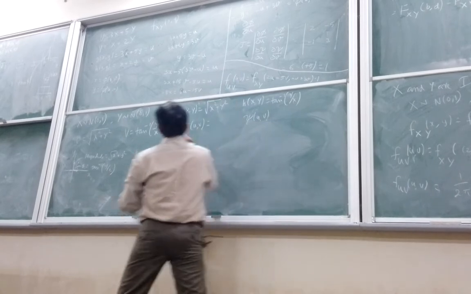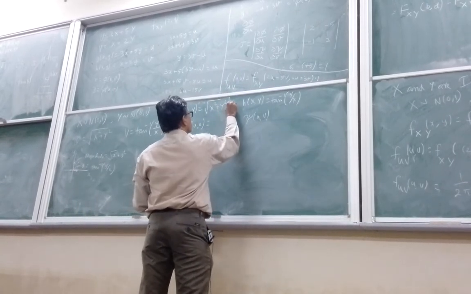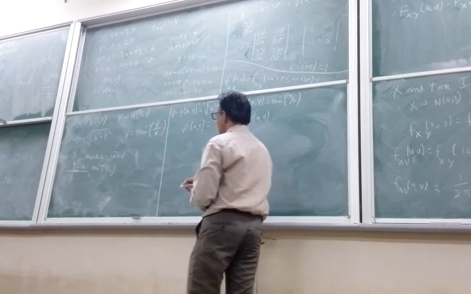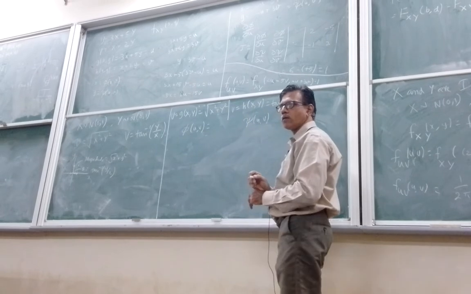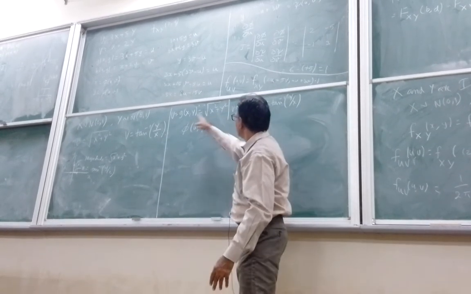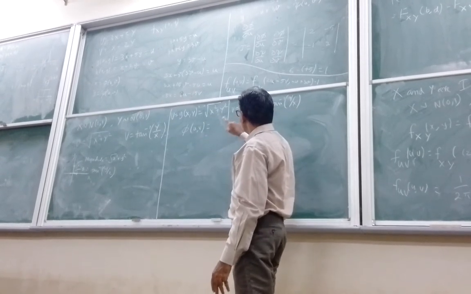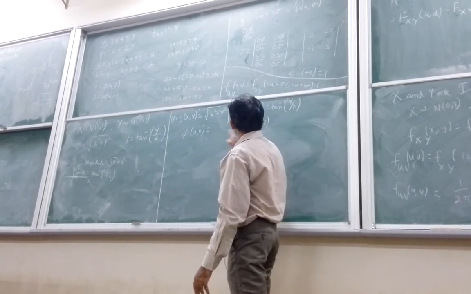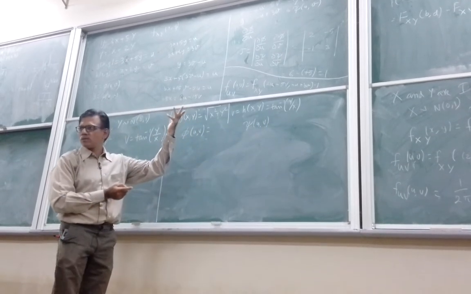That is what we are looking for: given u comma v, what x and y will lead to this?